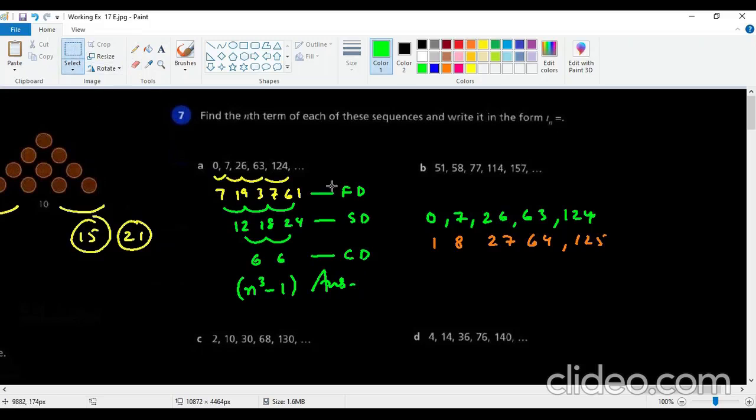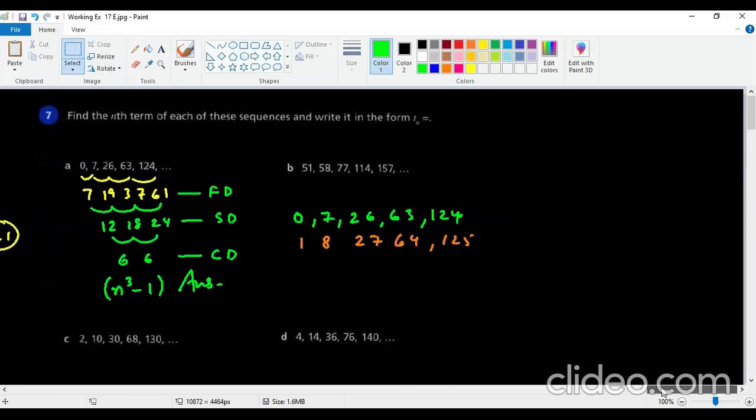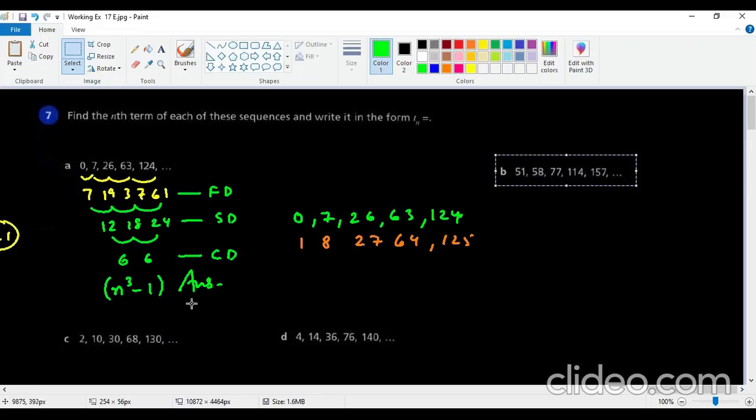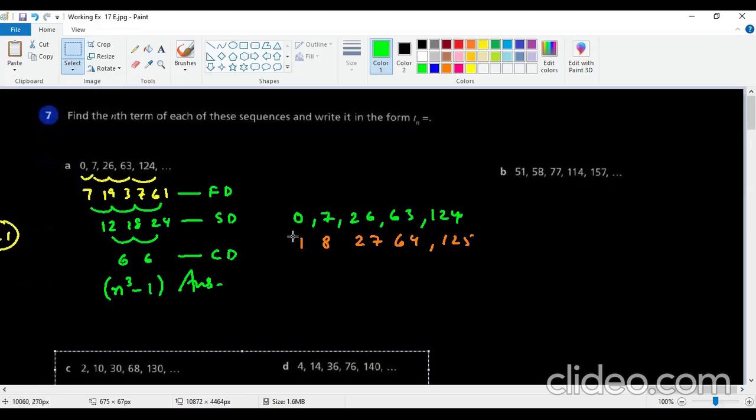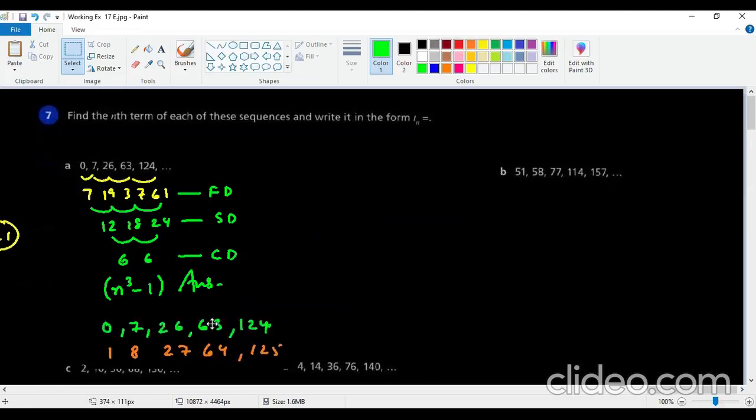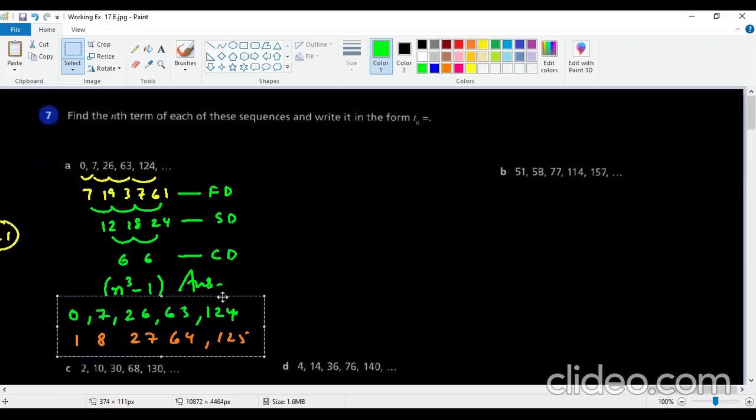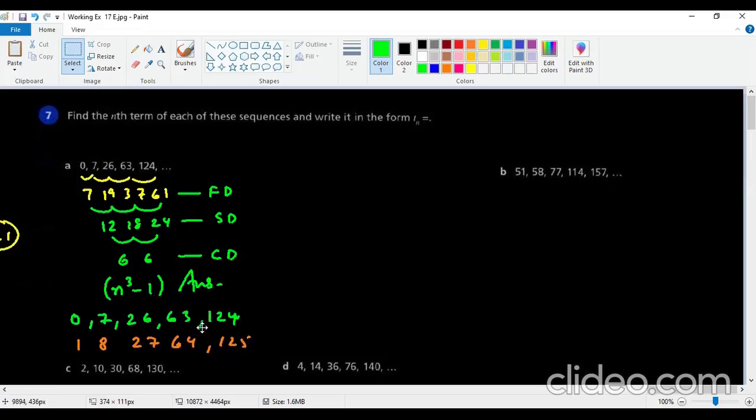Now moving on to the next question, which is part B. I am going to take this part B over here. I guess I keep these questions a little down, and this has to be here. Okay, so this is fine here.